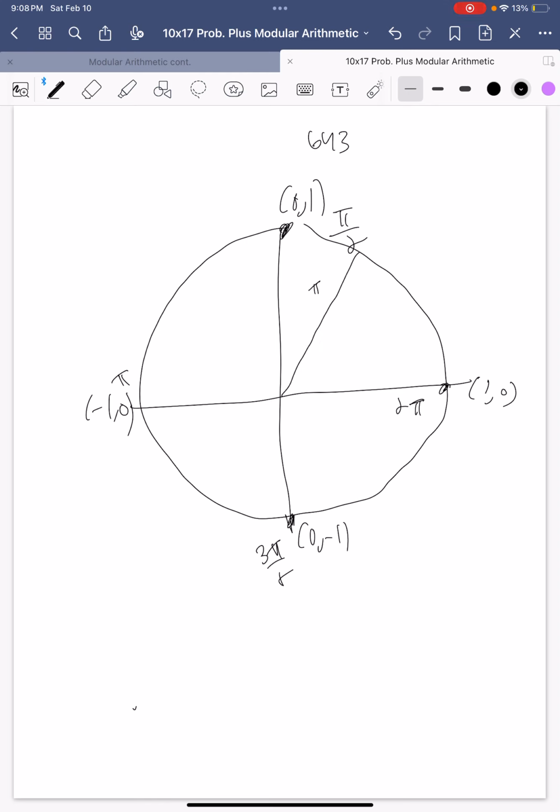Okay? And so we're going to start, obviously, because we remember 6, 4, 3. We're going to start off with the 3, so pi over 3 radians. And because 1, 2, 3, it's going to be root 3 over 2, 1/2, and then, because we did 1, 2, 3, remember?